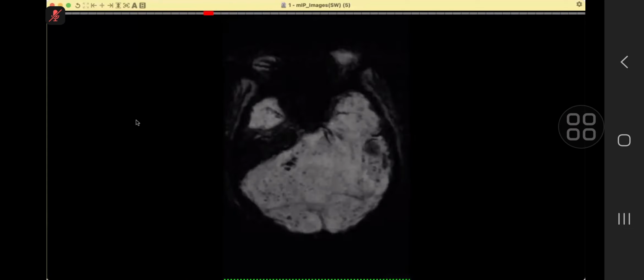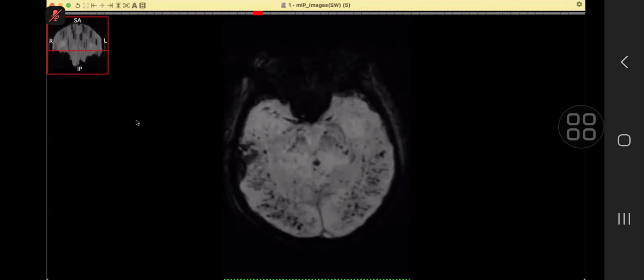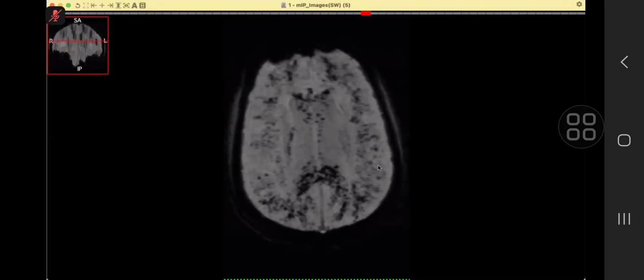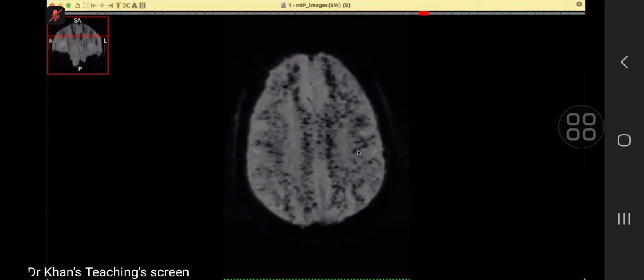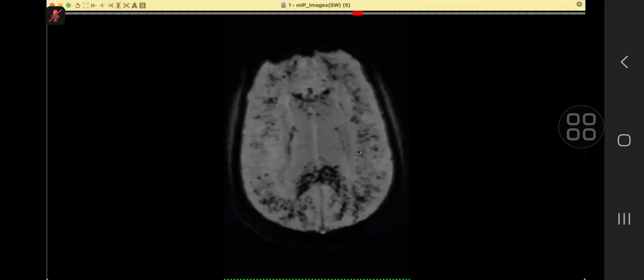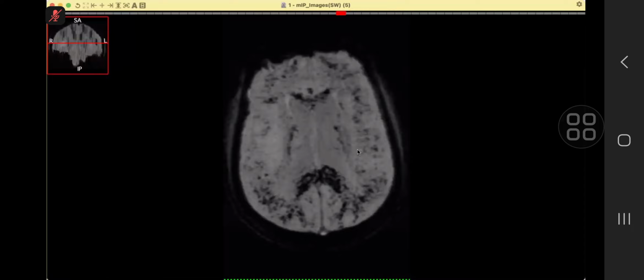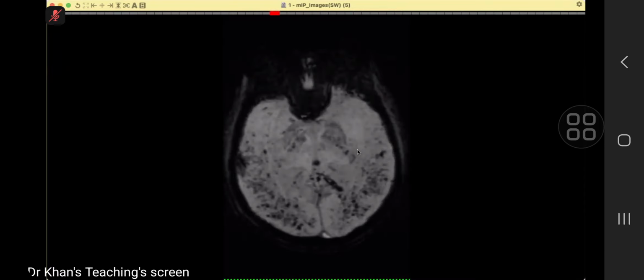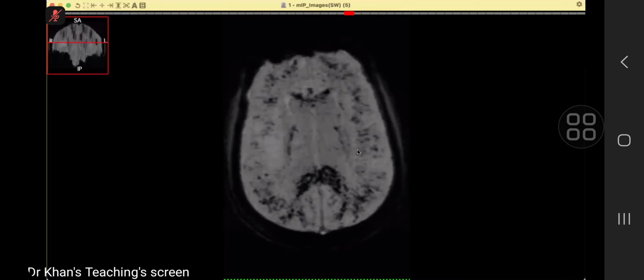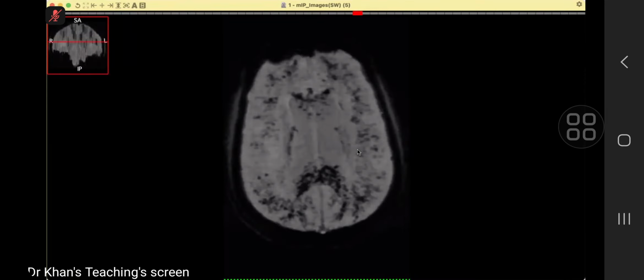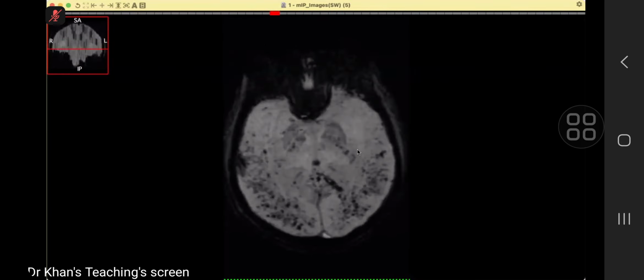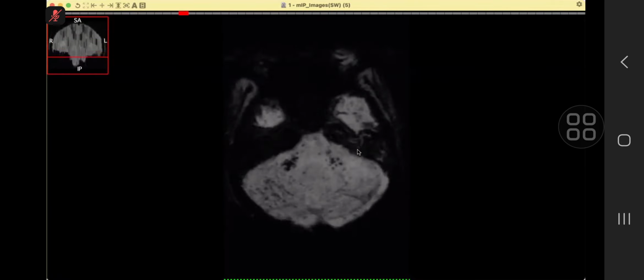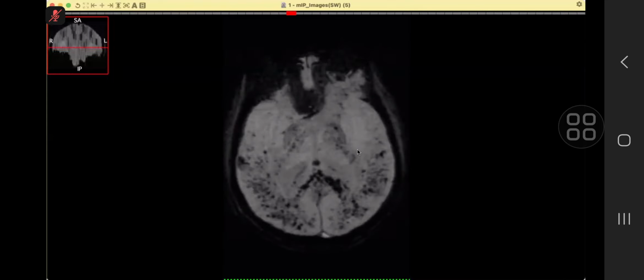And get an SWI. Okay, sir, I'm able to see multiple low signal intensities on the gradient images scattered throughout the brain in bilateral cerebral hemispheres that most likely represent angiopathy or cerebral microhemorrhages.